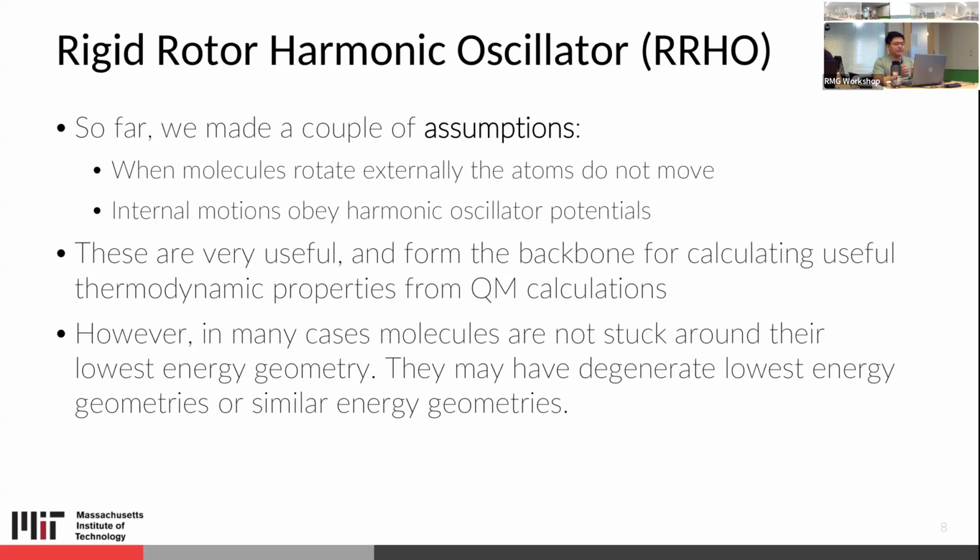You might have degenerate lowest energy geometries or similar energy geometries, or you might have rotors that have relatively low barriers. And so this assumption, the RHO, won't be sufficient for getting super accurate thermochemistry.